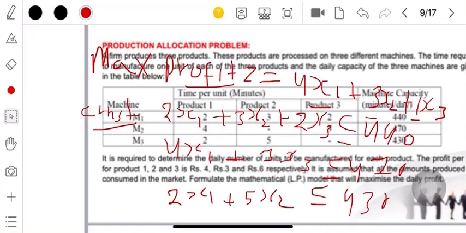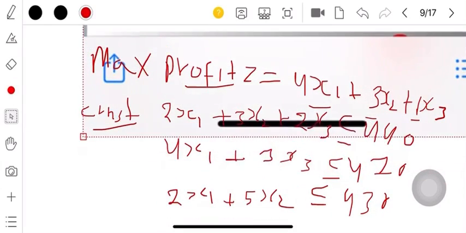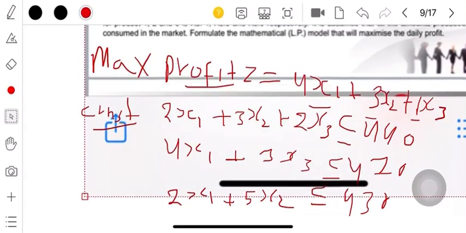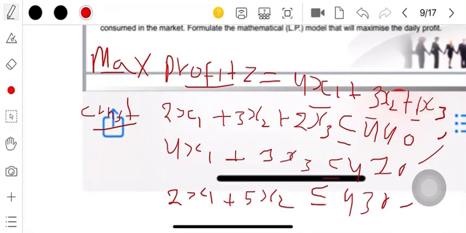So this is our formulated problem. Here you can see our problem formulation: the objective function is to maximize profit, subject to these constraints 2x1 plus 3x2 plus 2x3 less than or equal to 440, 4x1 plus 3x3 less than or equal to 470, and 2x1 plus 5x2 less than or equal to 430, where x1, x2, x3 are greater than or equal to 0.